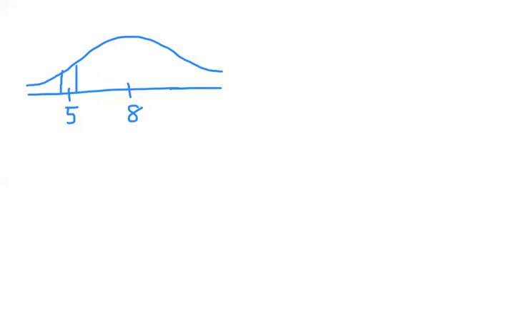Our starting point is the border of the histogram bar for 5, which is 4.5. So 5 or more means 4.5 or more, because 4.5 is the starting point of the bar that includes 5. So we are looking for the area of this part.